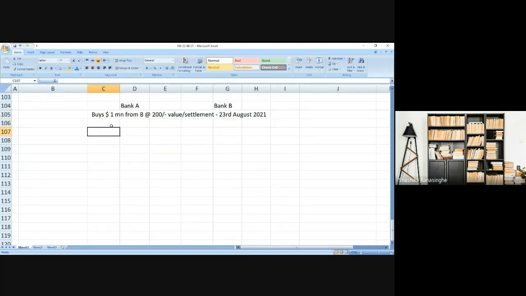A has bought $1 million at a price of 200 from B. Now on that date, what happens? What will A pay to B? How much will bank A pay to bank B? In which currency?